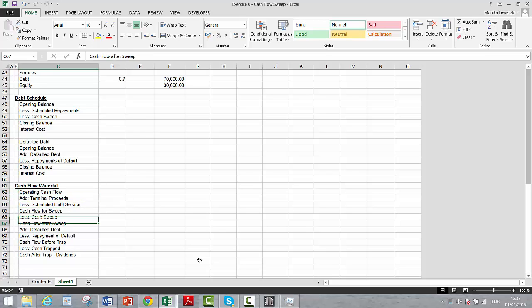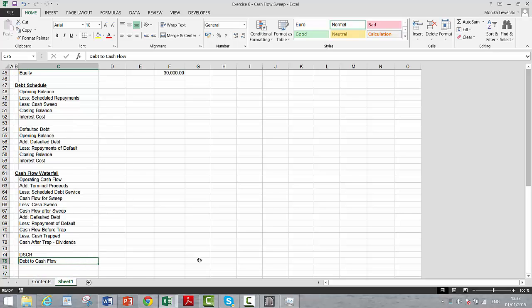And we need a couple of ratios, DSCR, and why don't we put the debt to cash flow, and then below the debt to cash flow, we can put a match and cash sweep percentage.